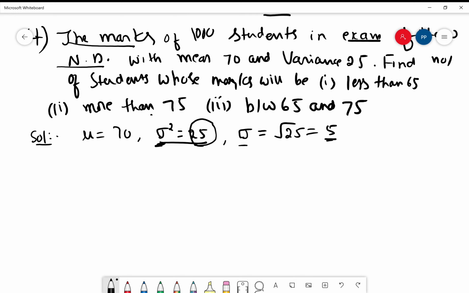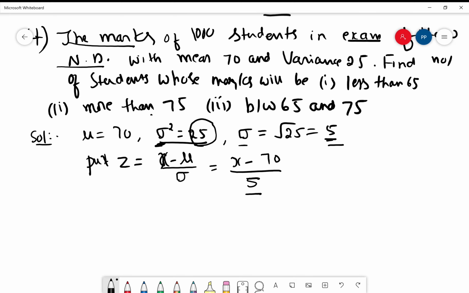We require the standard deviation, which is 5. The first step is the same, and in fact it fetches you 1 mark easily: the substitution z equals x minus mu by sigma, where x is the normal variable, mu is 70 here, and sigma is 5, not 25.